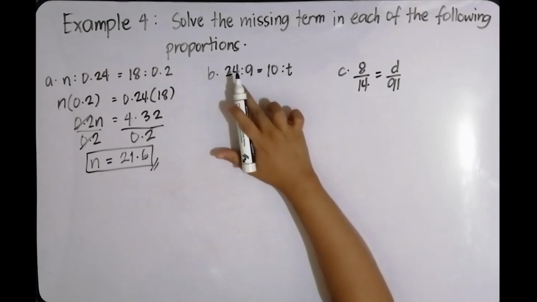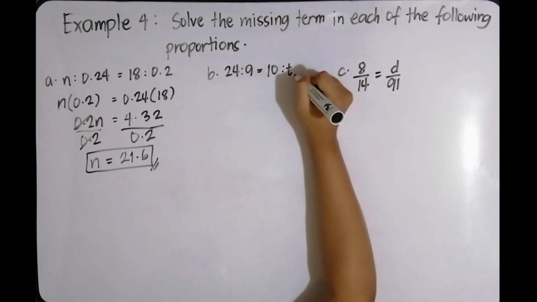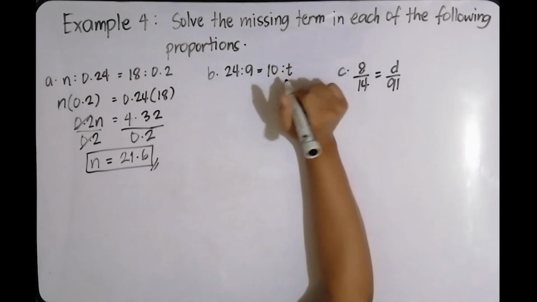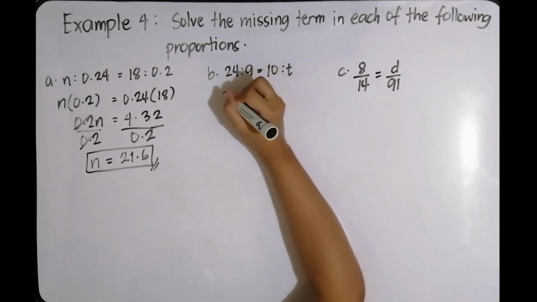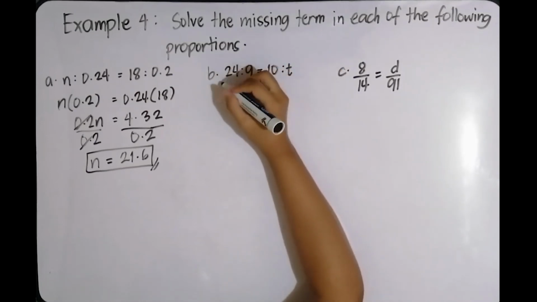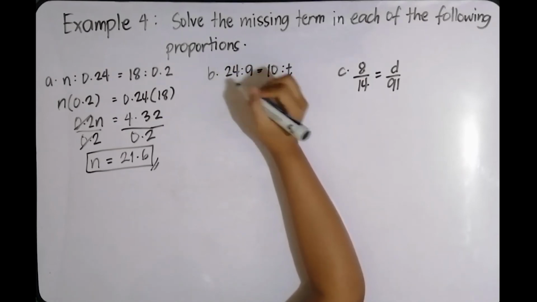Let's have letter B. We have 24 is to 9 equals 10 is to t. So the missing value or the missing term in this proportion is the fourth term, which is t. So again, cross multiply or get the cross product of our means and the extremes.